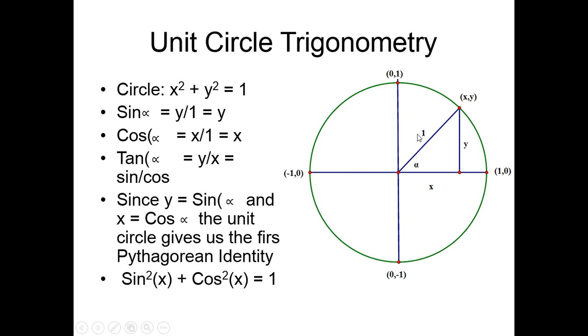This point is no longer designated (x, y), but (cosine alpha, sine alpha). The tangent is the opposite over the adjacent, which is y over x, but since y is sine and x is cosine, the tangent is sine over cosine.